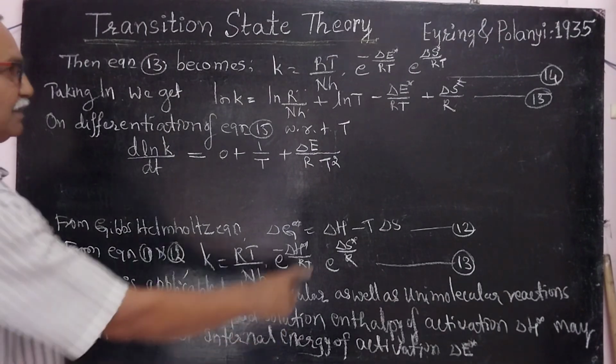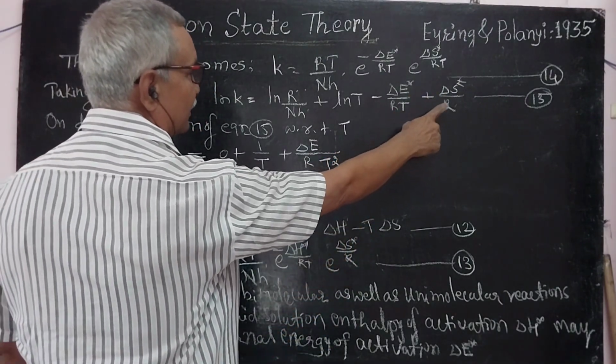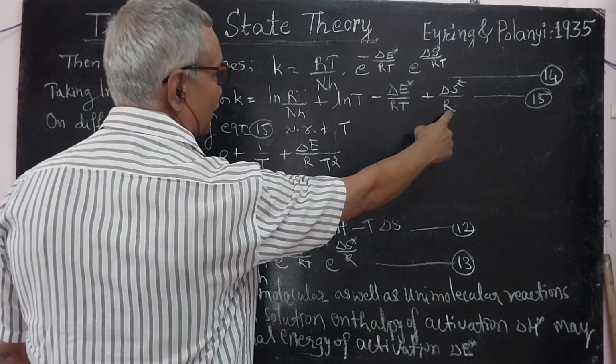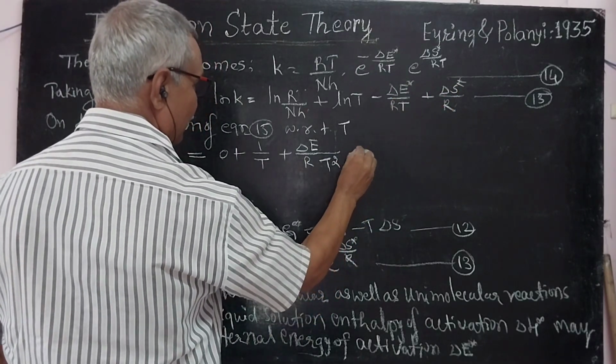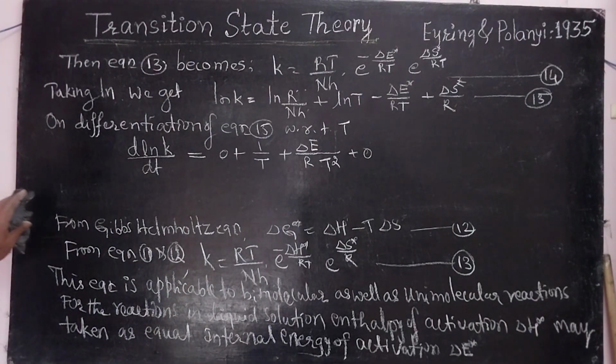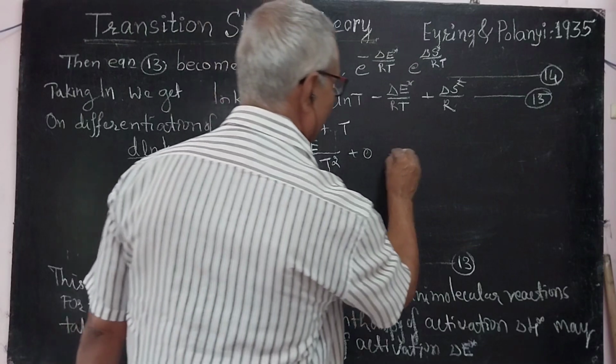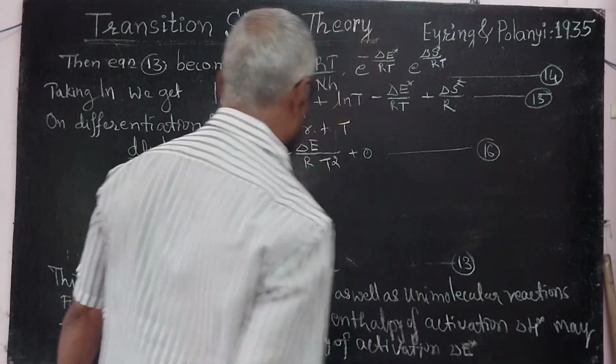Differentiation of delta S star is 0 since there is no temperature term. Suppose this is equation 16.